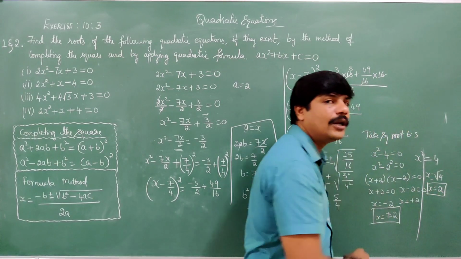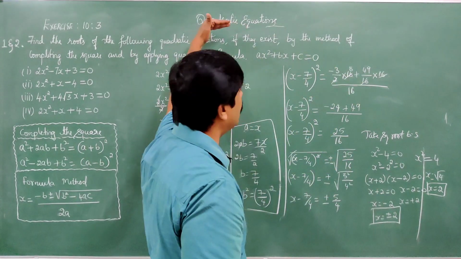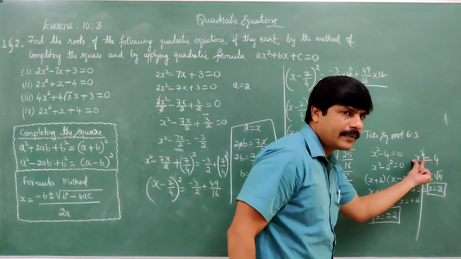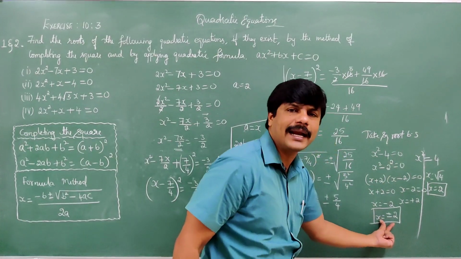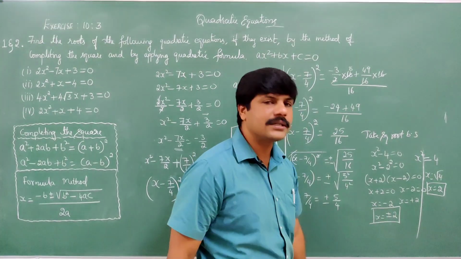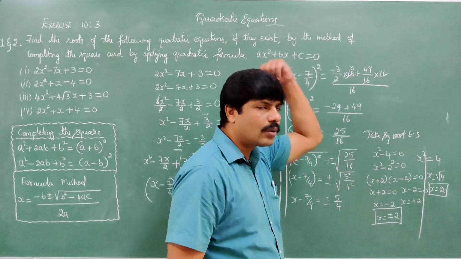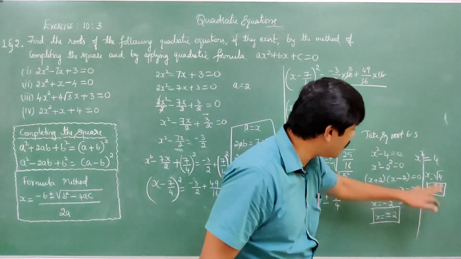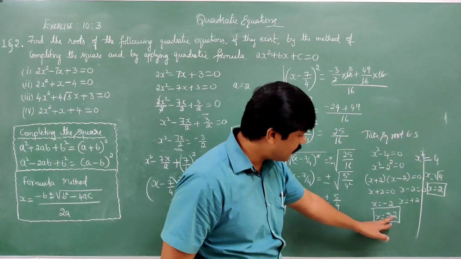You will take only one value. Understand? Since we are dealing with a quadratic equation, we have to get 2 roots. But if you do it in this method, how many values are you getting? Plus value as well as minus value. You need 2 values because it is a quadratic equation. And it is not just plus 2, it is minus 2 also, because in this way you will get plus or minus 2.